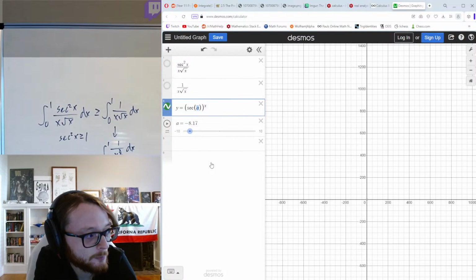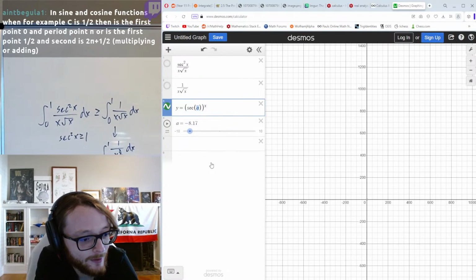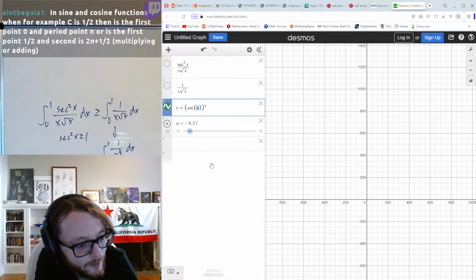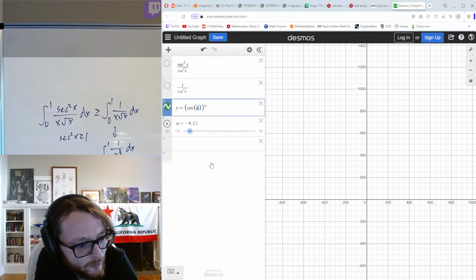Anyway, let's stop playing around with things. In sine and cosine functions, when, for example, c is 1/2, the first point 0 and period point pi. What do you mean when c is 1/2?